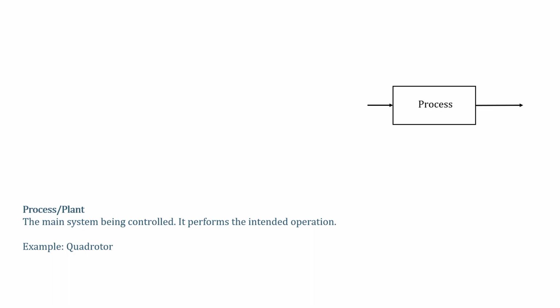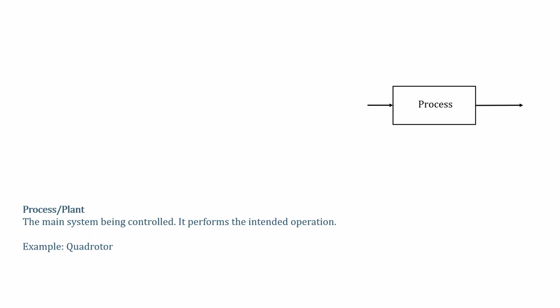So in any control system problem you should always ask the first question: what is the process or plant that needs to be controlled? The second question should be: what is your desired outcome from it? If you break it down in this way, then you will know what exactly you want to do. So for example, in the quadrotor example that we took, my desired outcome is that the quadrotor needs to move up to a particular altitude.